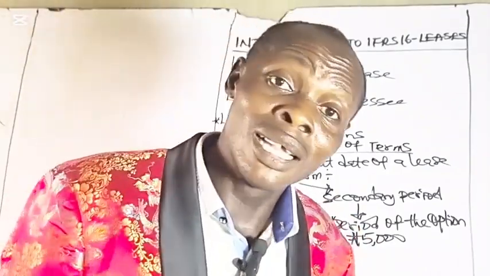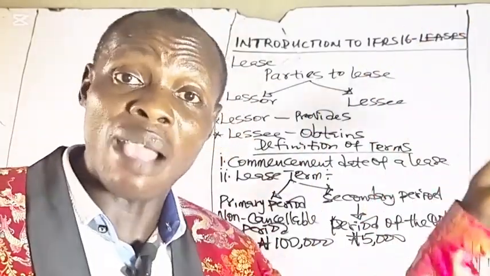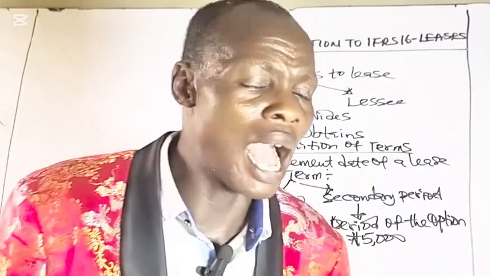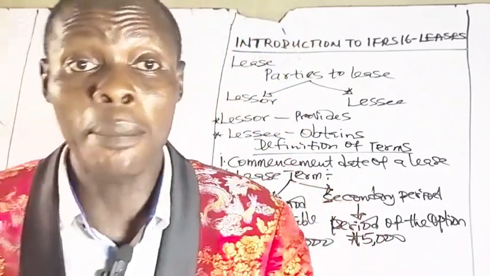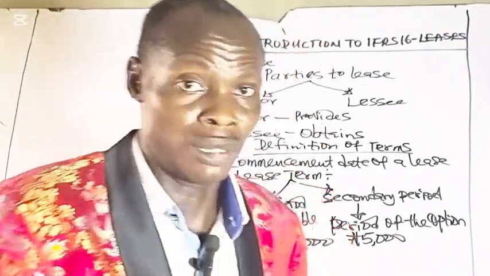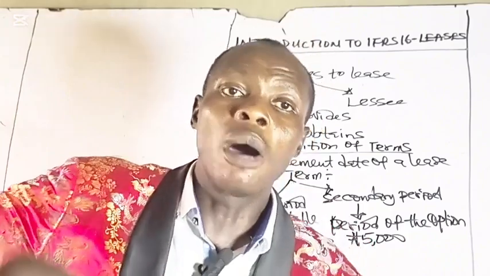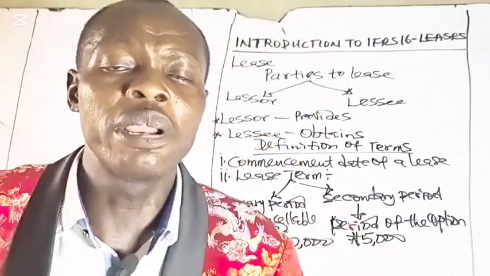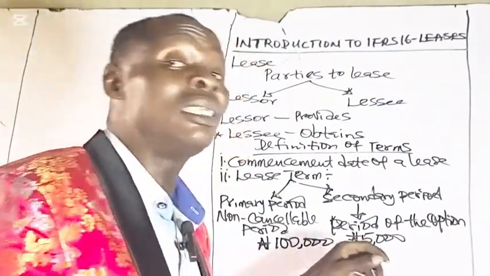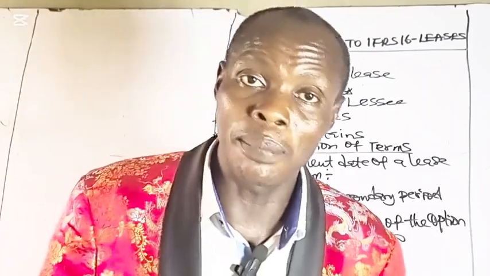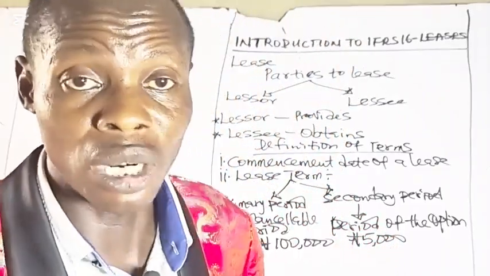In that case, if you'll be paying 500,000 after the first 5 years, when the house is aging, you will decide, okay, can I stay in this house? Your staying in that apartment will be in doubt because the amount payable in the option period is very high compared with the amount you were paying in the primary period, which is the non-cancelable period.